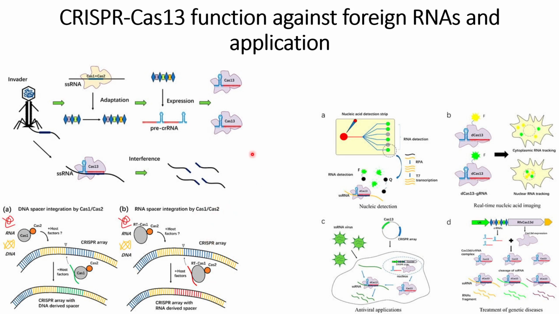Whenever our RNA of interest is present, it will be integrated and translated by the RT-Cas1 and Cas2 system, and since our RNA is fused with a fluorescence reporter, in this example GFP, GFP translation will also occur and we will be able to see the fluorescence signals. So it can be used to detect the presence of RNA using a microfluidic device.